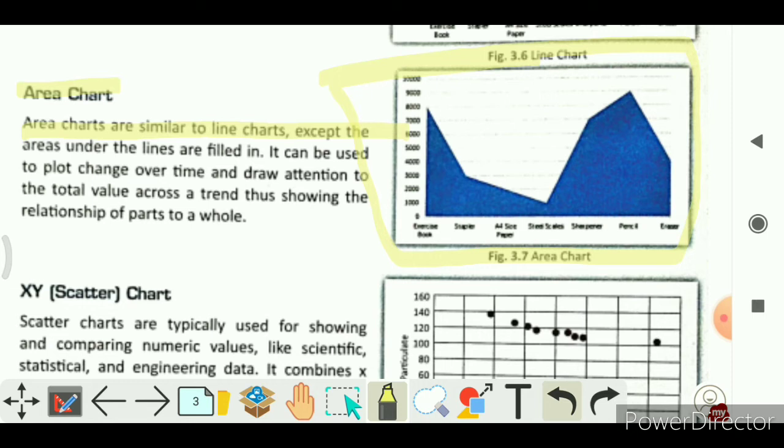Area charts are like line charts, except the areas under the lines are filled in. It can be used to plot the change over time and draw attention to the total value across a trend, thus showing the relationship of parts to a whole.